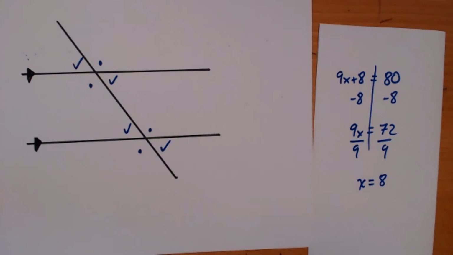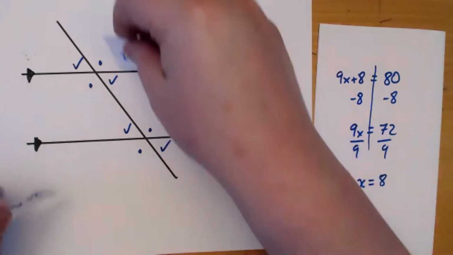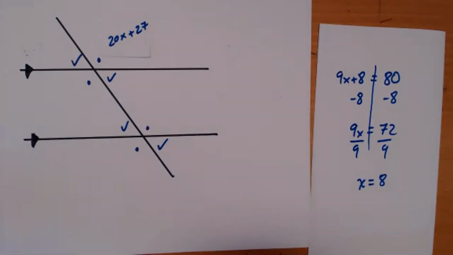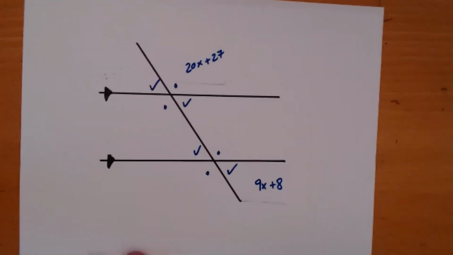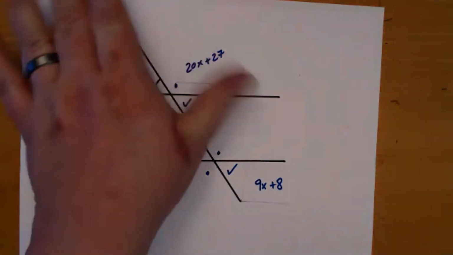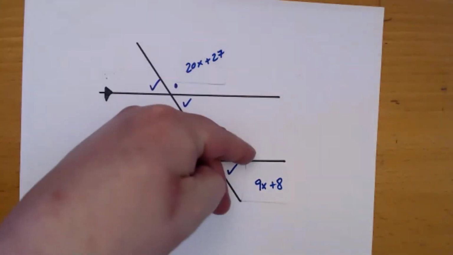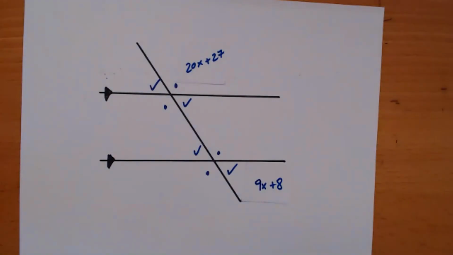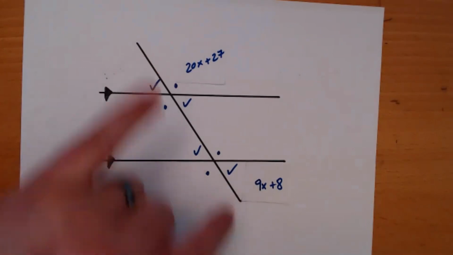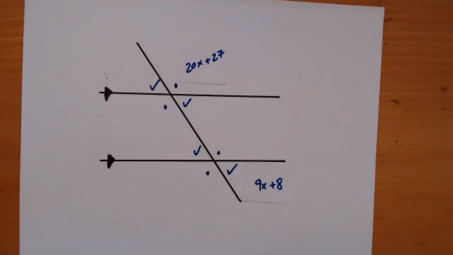So if I gave you this one and this one, so these two, they don't look alike, right? One's a big angle, and one's a tiny angle. So they're not the same. So that means that you're going to take these two and you're going to add them up.